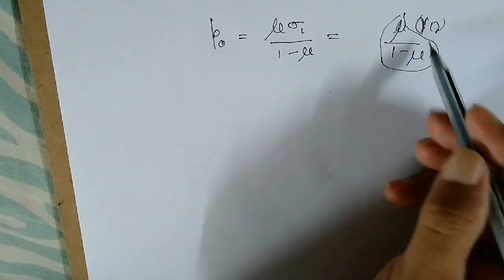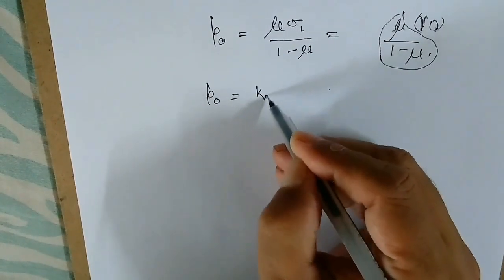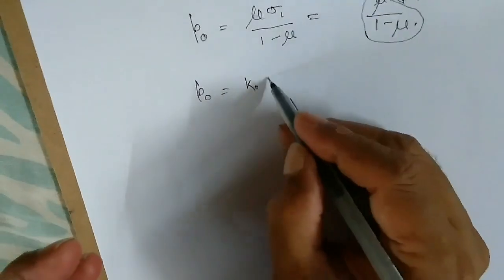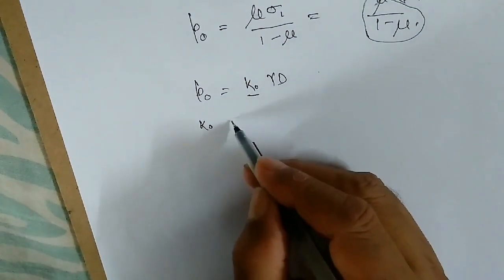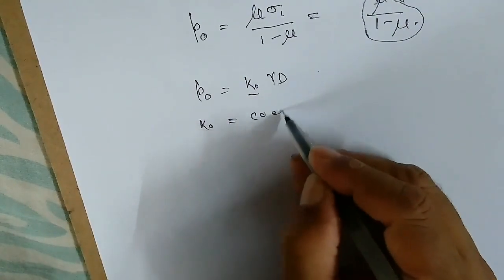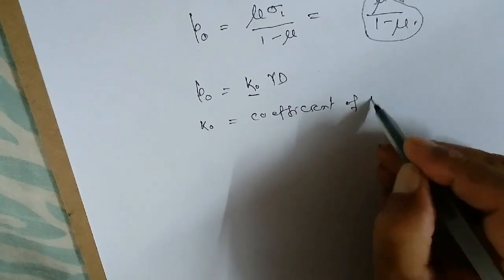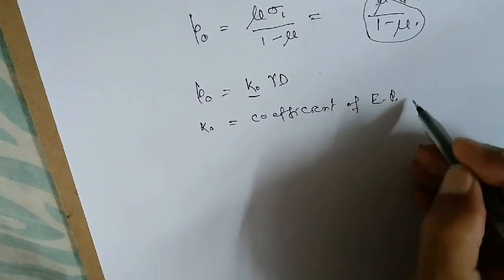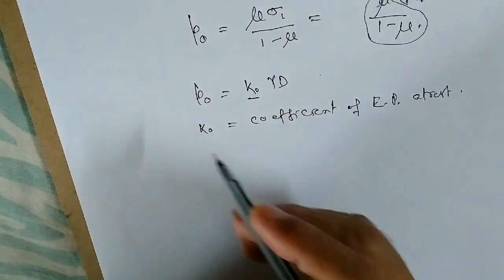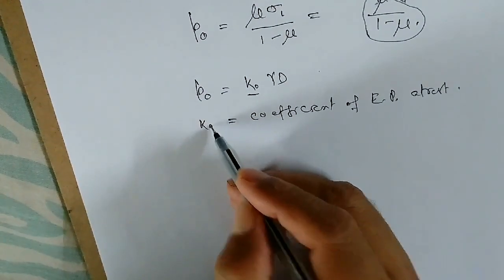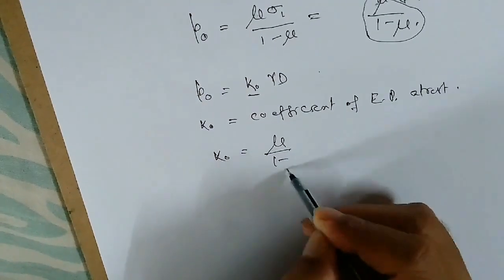Now for this factor, if I write P0 is equal to K0 gamma D, giving it a new name, then K0 will be called the coefficient of earth pressure at rest. The coefficient of earth pressure at rest is symbolized as K0, which is mu by 1 minus mu.